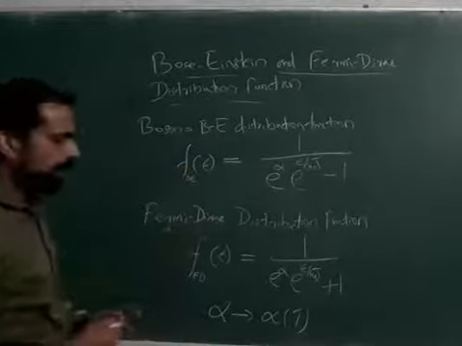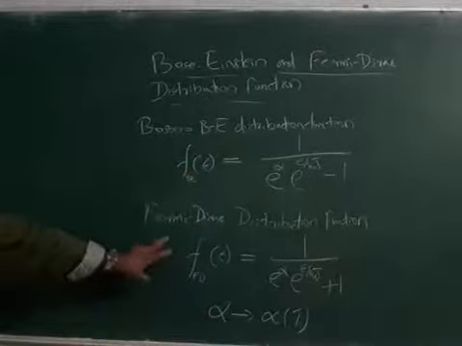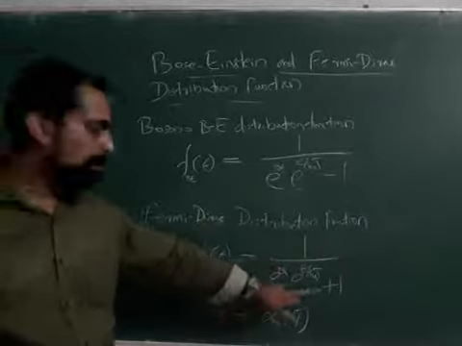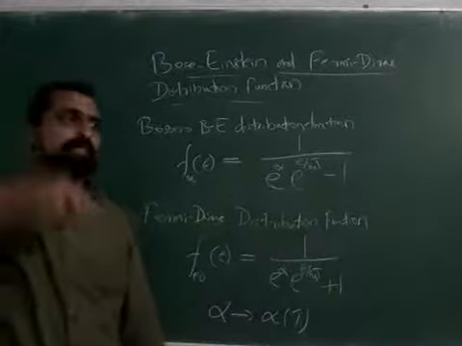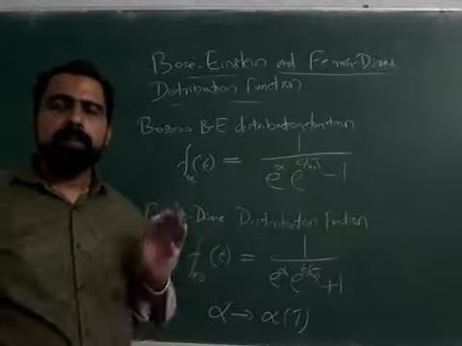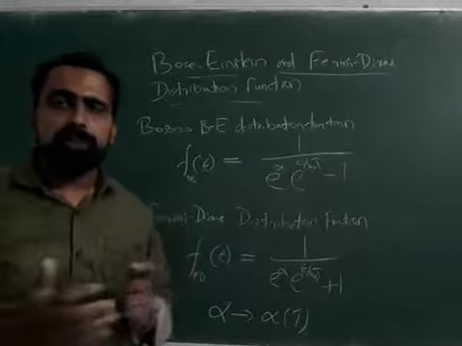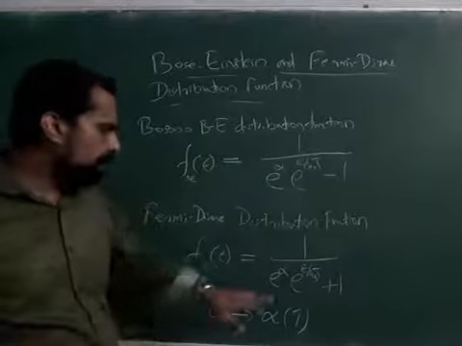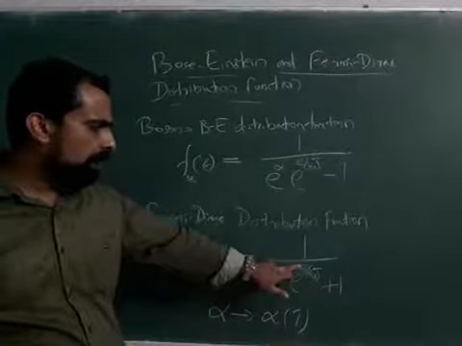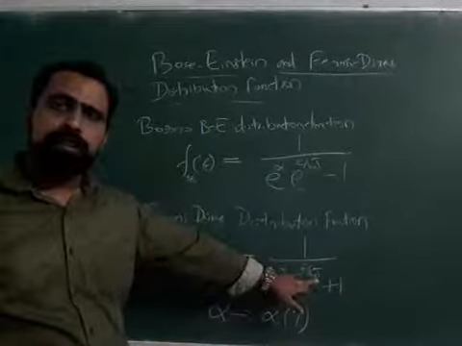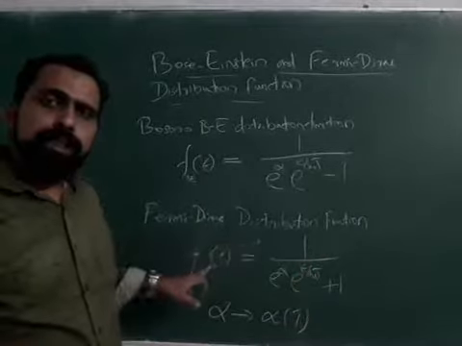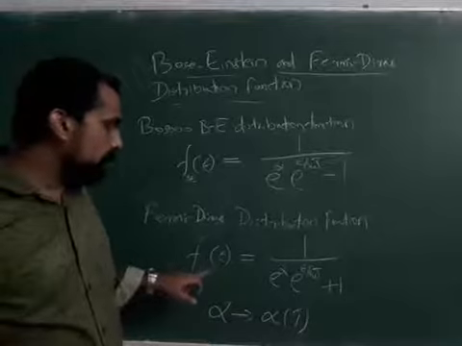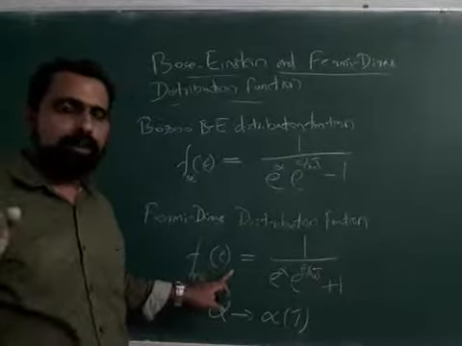And in the case of Fermi-Dirac distribution, you have a plus 1. Fermions obey Pauli's exclusion principle, and whatever the value of alpha, epsilon and T, the probability f of epsilon should not increase beyond 1.